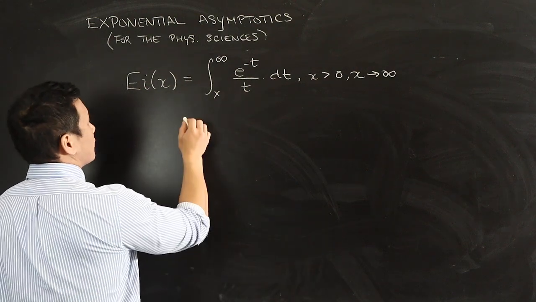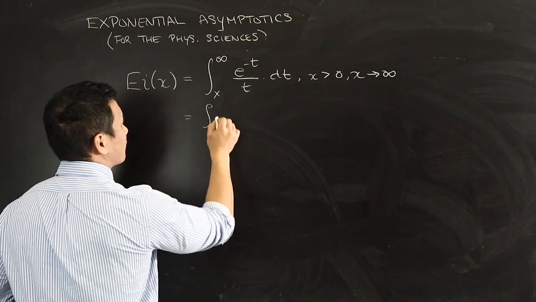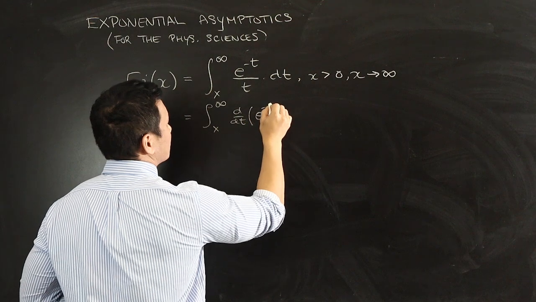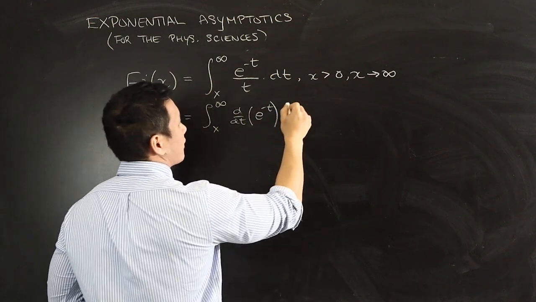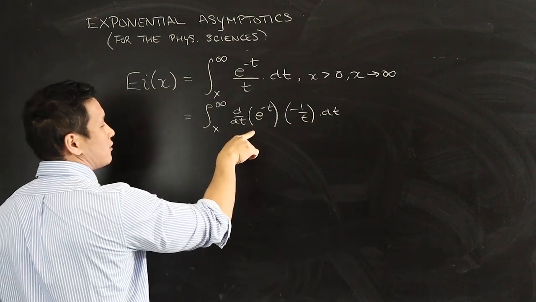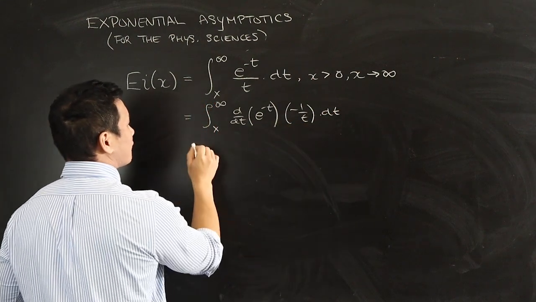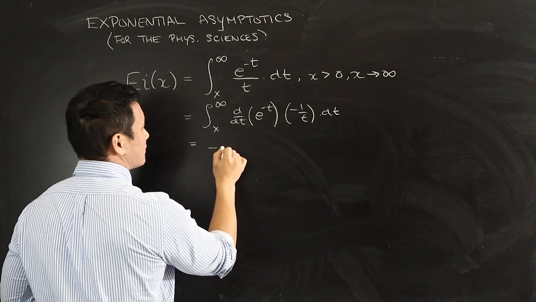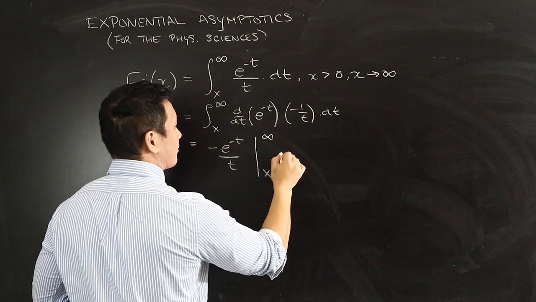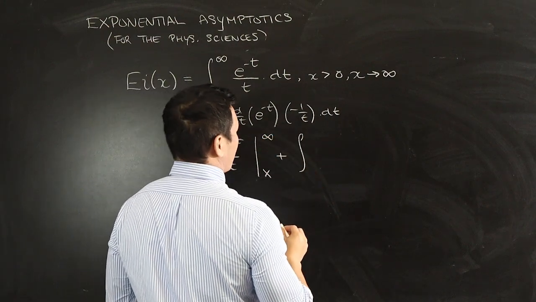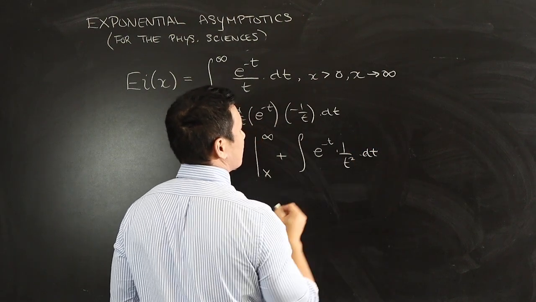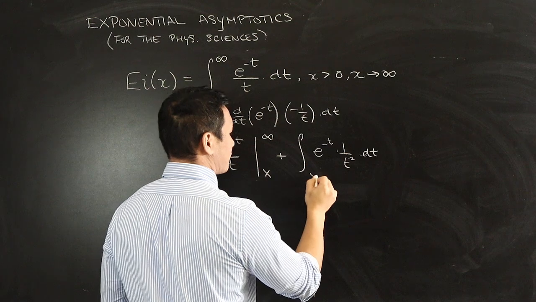So I can just rewrite this as the integral from x to infinity of d/dt of e^(-t), and then I have -1/t dt, and so that's my dv. dv is this times dt, and that's my u. So if I do integration by parts, I'll have -e^(-t)/t evaluated from x to infinity, plus the integral of e^(-t) times 1/t^2 dt from x to infinity.